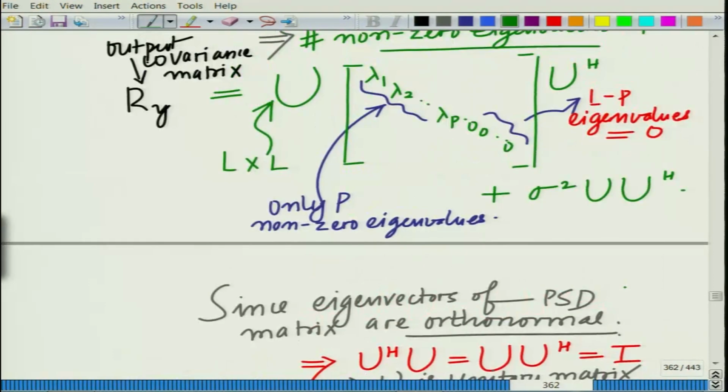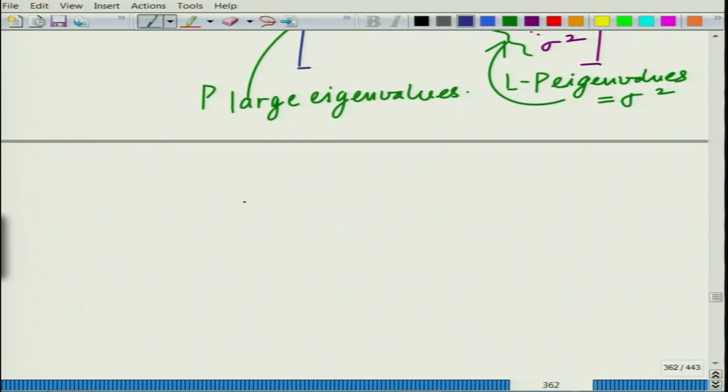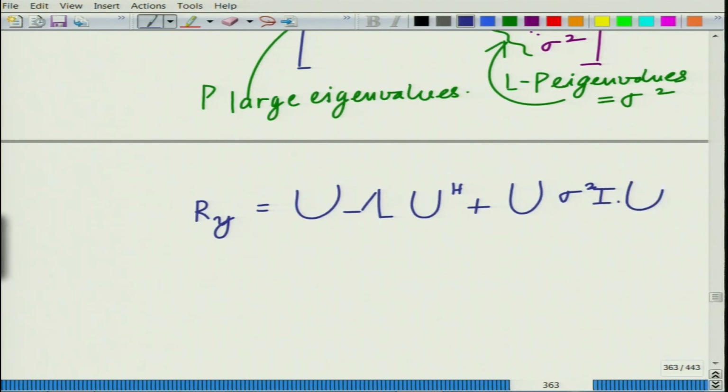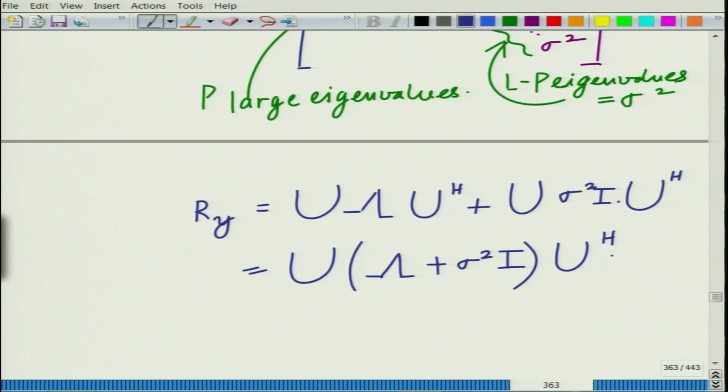If you look at this, when you combine these two components, with this matrix called lambda, we get U lambda U Hermitian plus sigma square U U Hermitian. So, you can write R y equals U lambda U Hermitian plus U sigma square identity times U Hermitian. This equals U times lambda plus sigma square identity times U Hermitian.